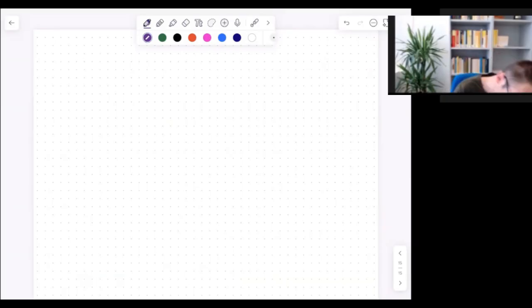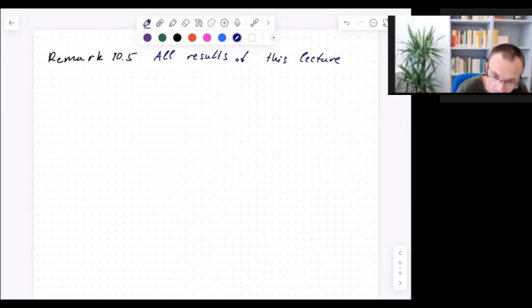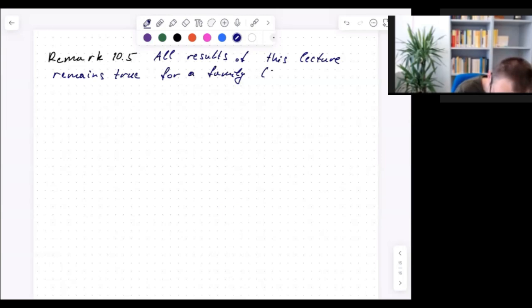And by the way, here it is also important to write the following remark. It is 10.5 that states that all results of this lecture remain true for a countable family of random variables, with epsilon replaced by an n that goes to 0.